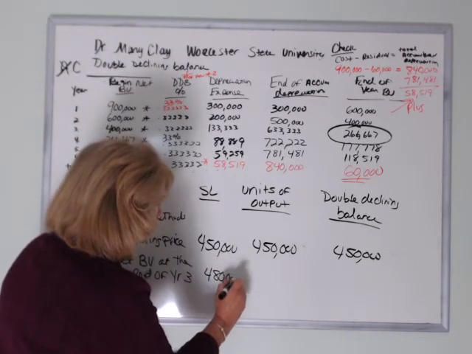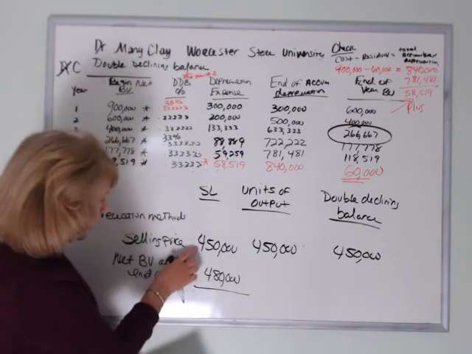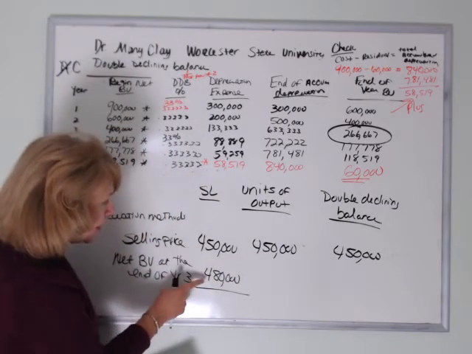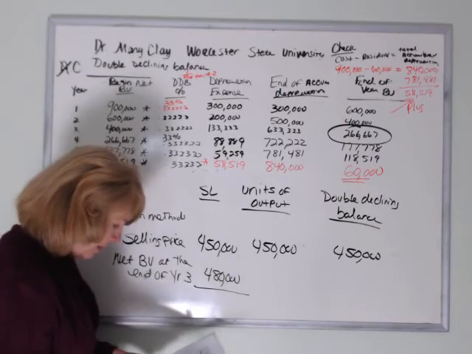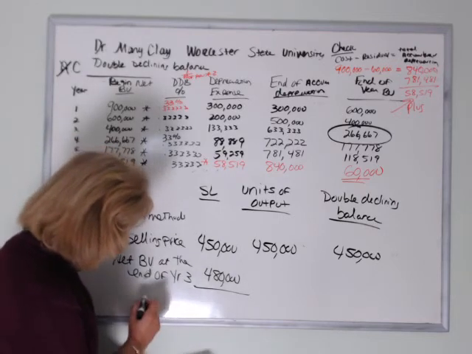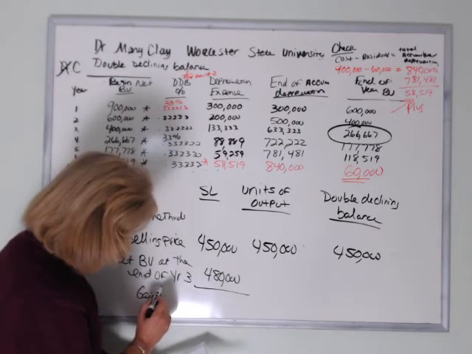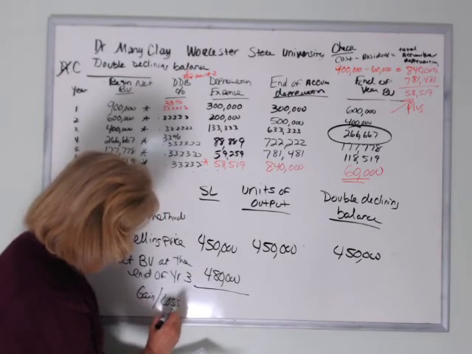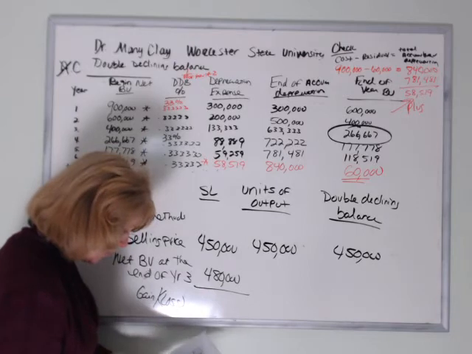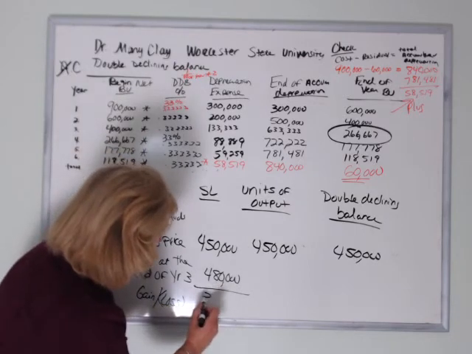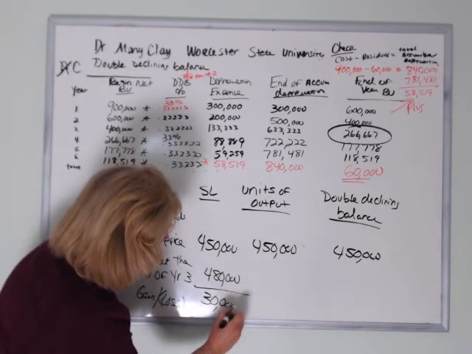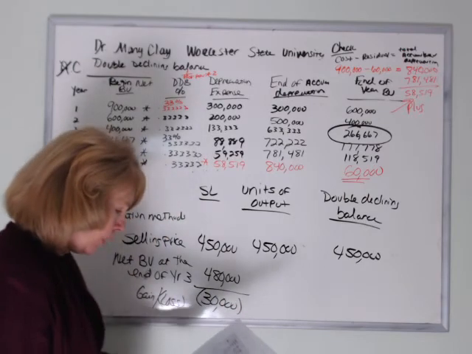Well, I can tell right now I've got a problem. My selling price was $450,000. My book value was $480,000. I have a loss. So that is a gain slash loss. Loss they have in parentheses, sorry, 30,000. Put that in parentheses or the lab will mark you wrong.